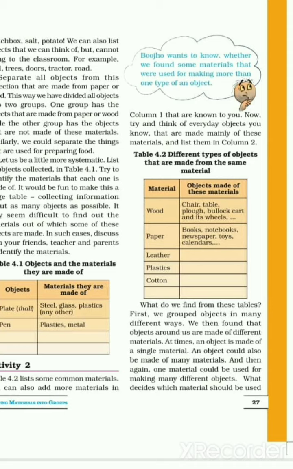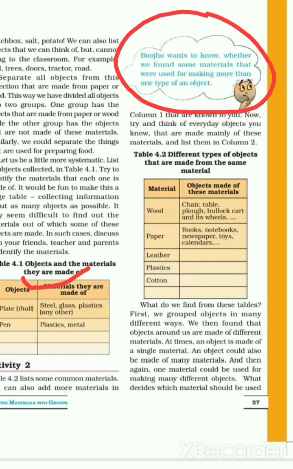Now try and think of everyday objects you know that are made mainly of these materials and list them in column 2, like we have already discussed in 4.1. Let's see what Bujo is thinking here. Bujo wants to know whether we found some materials that were used for making more than one type of object.